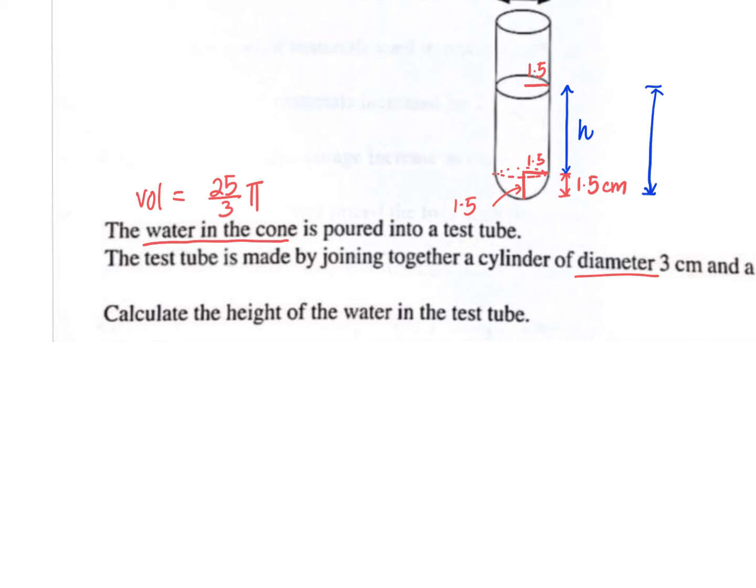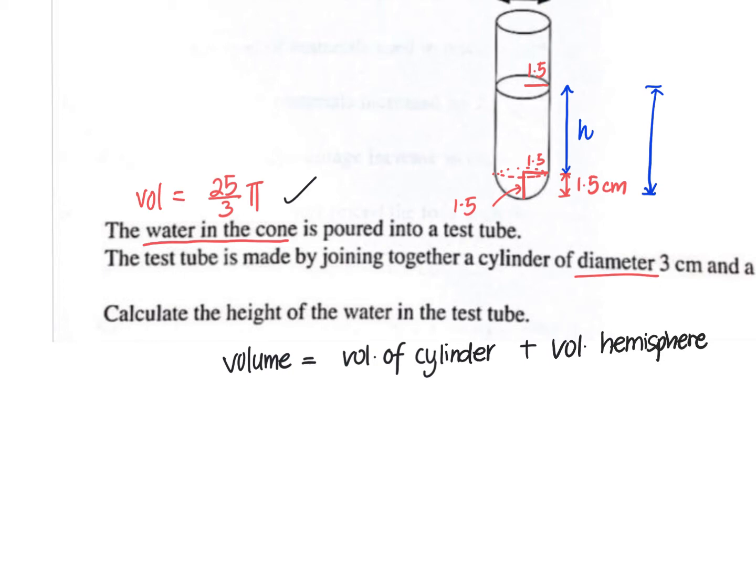Now what we're going to do is find the volume. We are only given the information on volume, so we know that the volume of the whole figure is given by the volume of the cylinder plus the volume of the hemisphere.